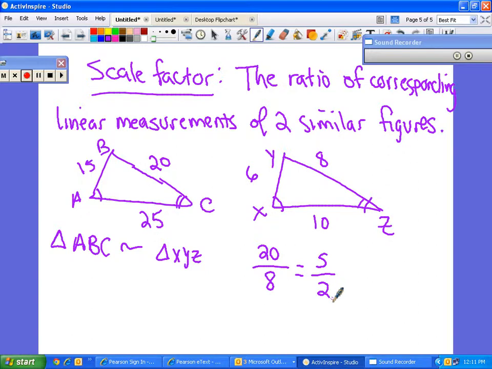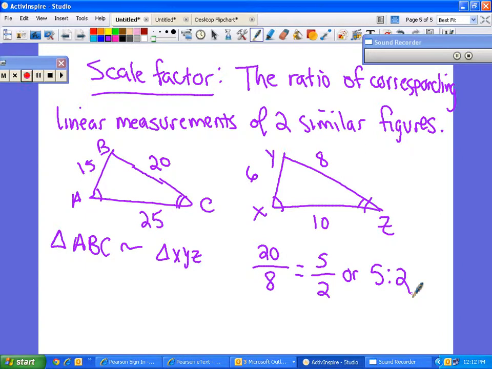So the scale factor of the first triangle to the second triangle is 5 over 2, or 5 to 2. And what that means is that each side on the bigger triangle is 2.5 times larger than each side on the little triangle.